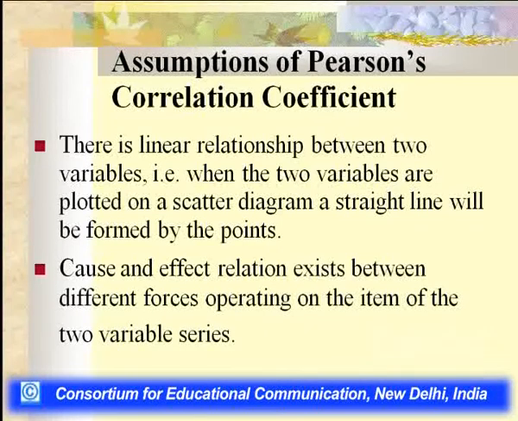That is, when the two variables are plotted on a scatter diagram x and y, a straight line is formed by the points. The second is that a cause and effect relationship exists between the different forces operating on an item of the two variable series.